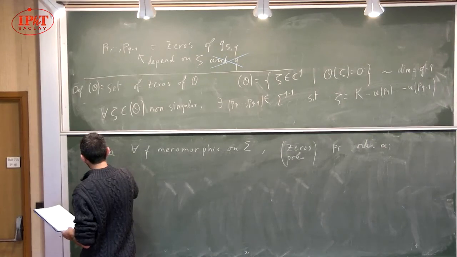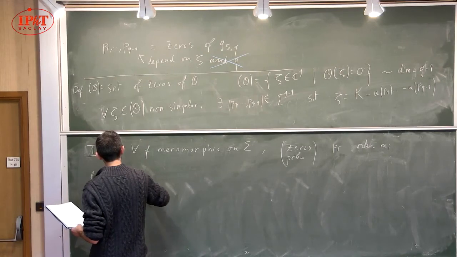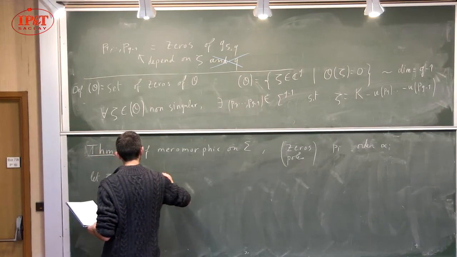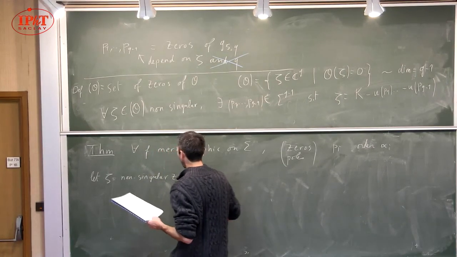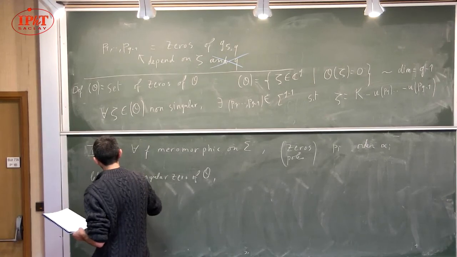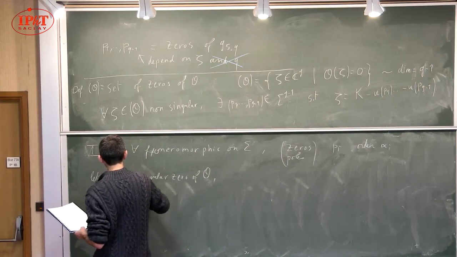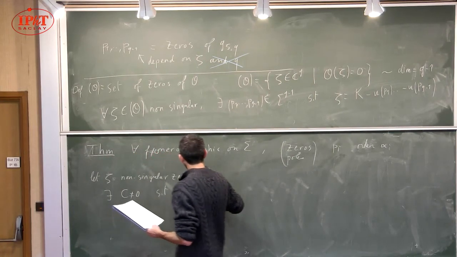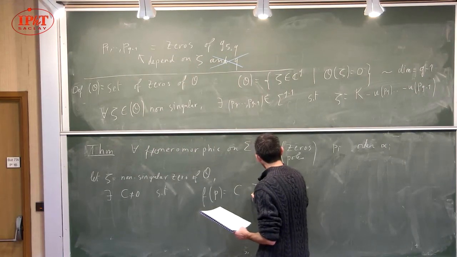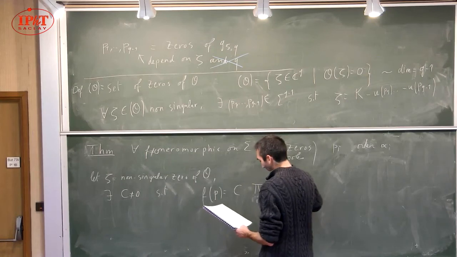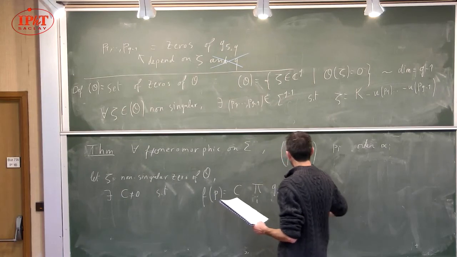and let zeta equal a non-singular zero of theta. There exists C, so f non-vanishing, such that f of p equals C times the product over i of g zeta pi of p to the power alpha i.